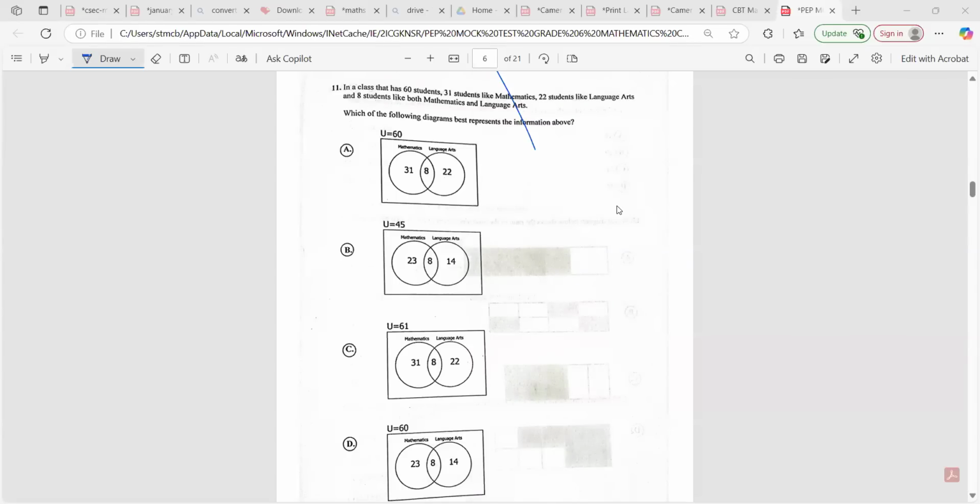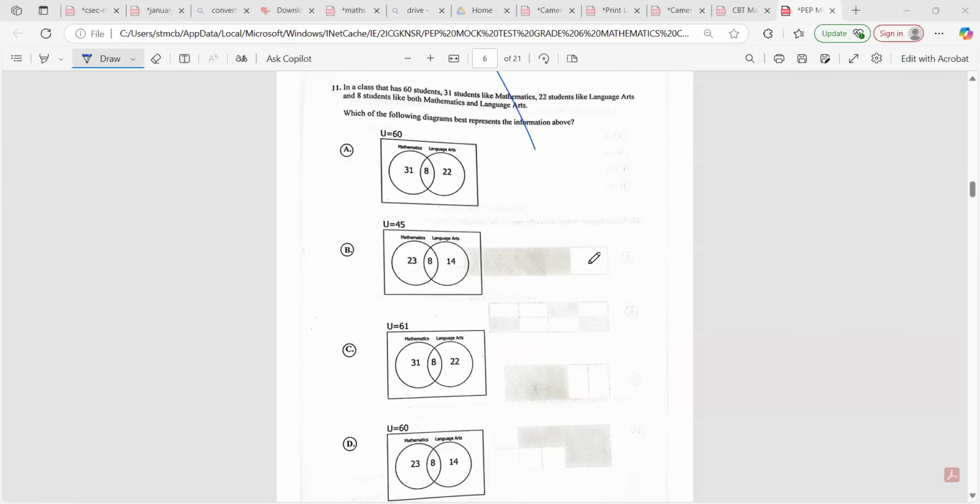Rashanti. Long time I call her name. You want to try this one, Rash? Yes, sir. Go ahead. Sir, it says in a class that has 60 students, and 30 students like mathematics.